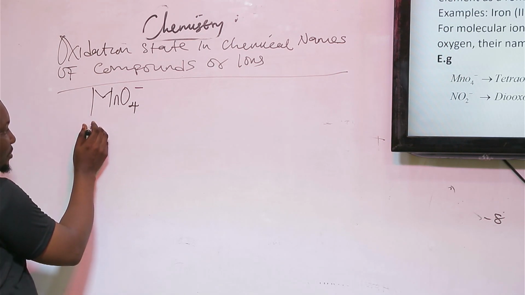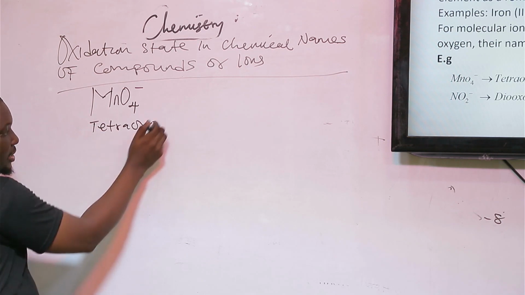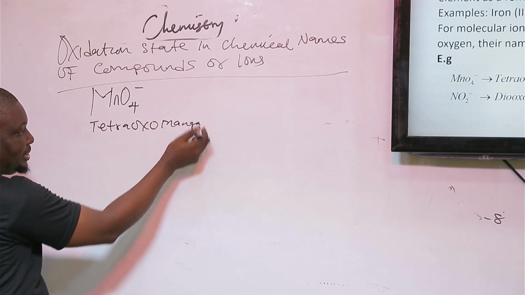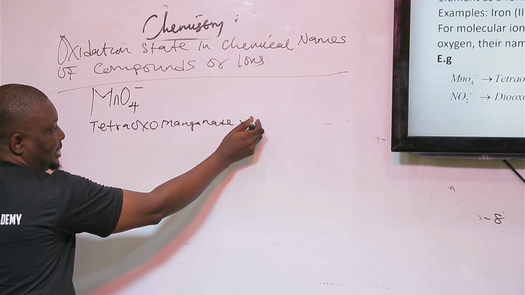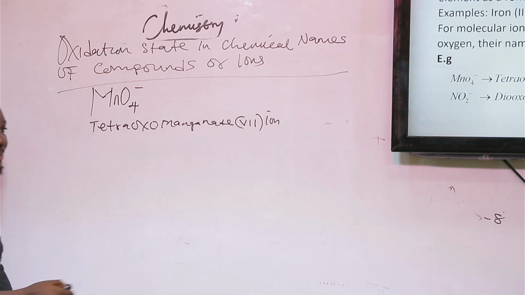This is named tetraoxomanganate, and the oxidation state is written as VII, then ion. This is a molecular ion.